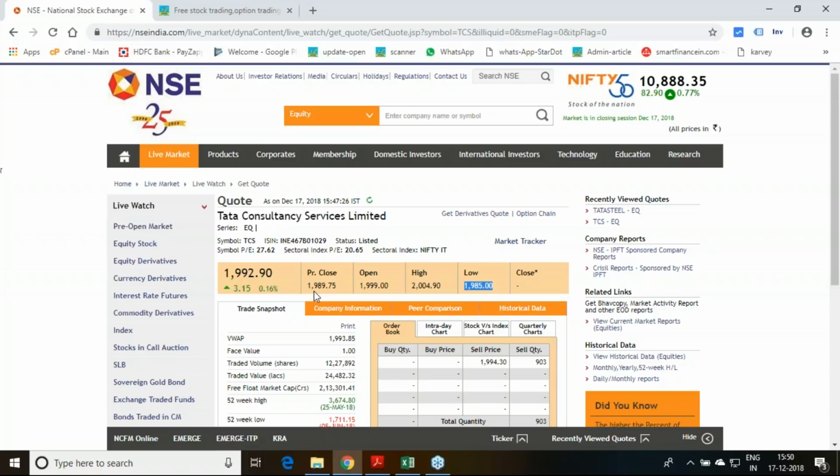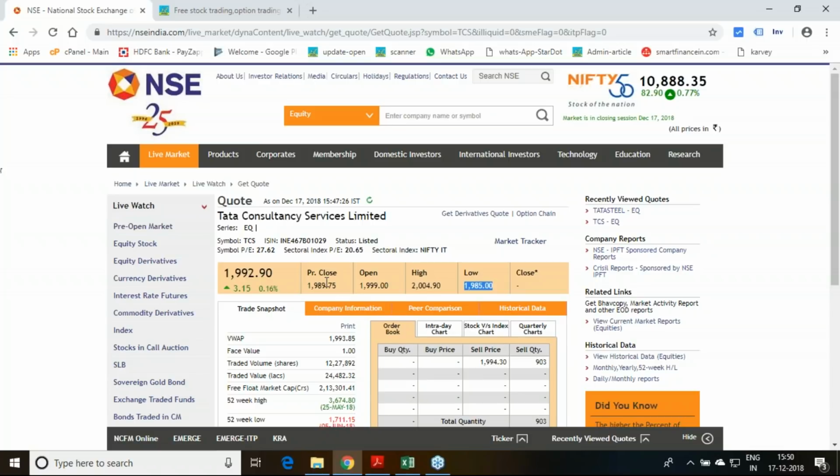So trend reversal happened. The previous close was 1989.85. Today, in fact, it has opened at 1999 and gone to 2005. However, this high did not maintain, and the stock has fallen down and made a low.